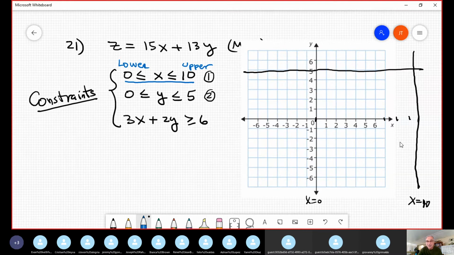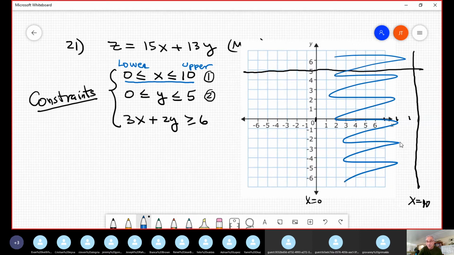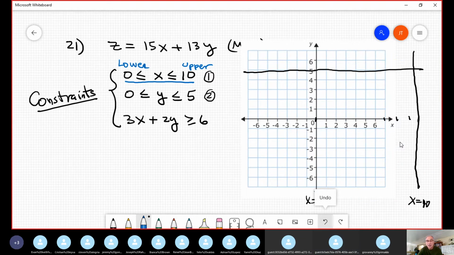I try to highlight this using blue color. I can see it. I don't care about the y value. The y value is completely irrelevant in the first.